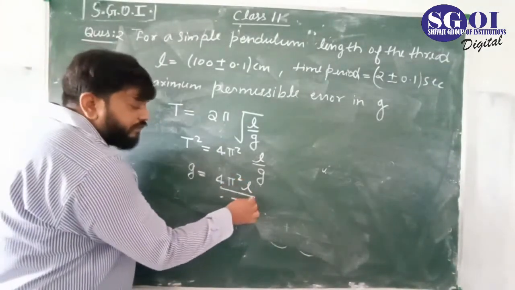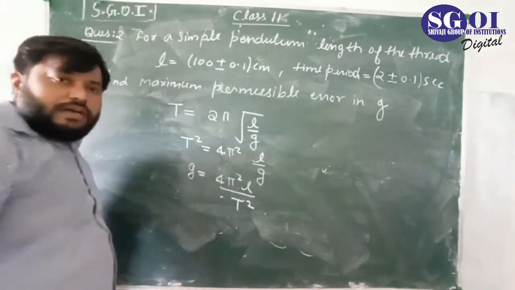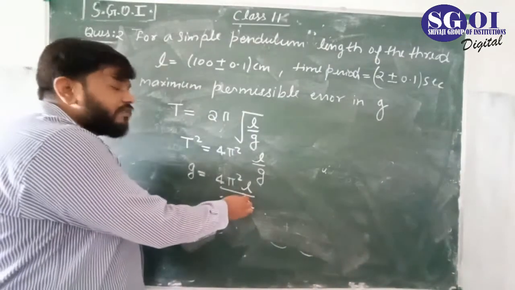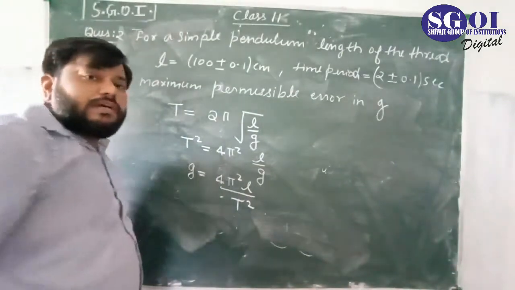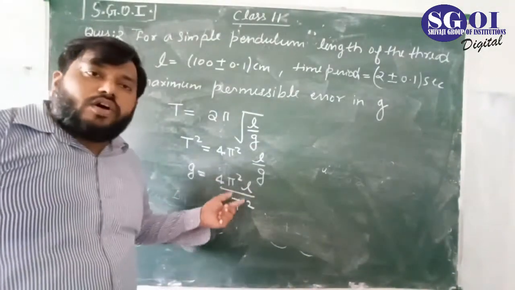So there is a division, so it would convert into plus. From the concept of combinations of error, this is in terms of either relative error or percentage error.